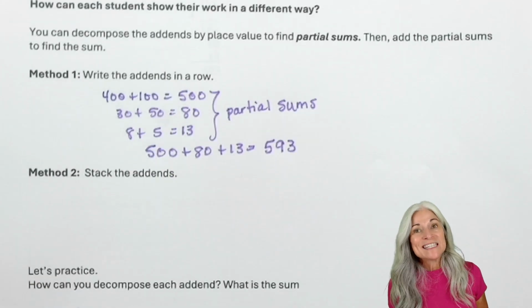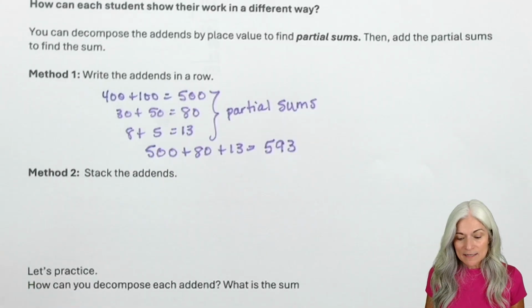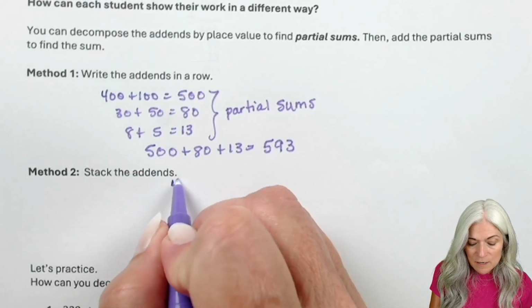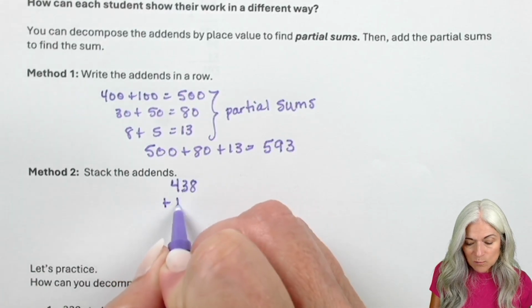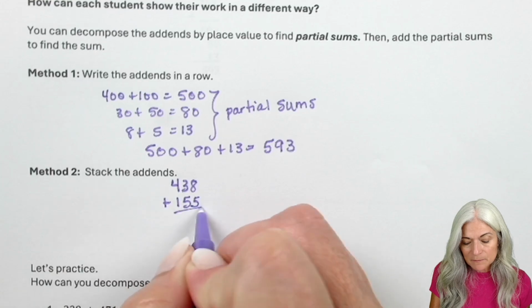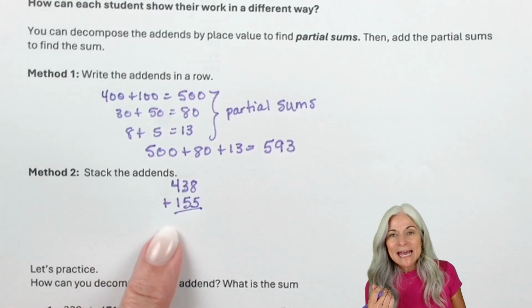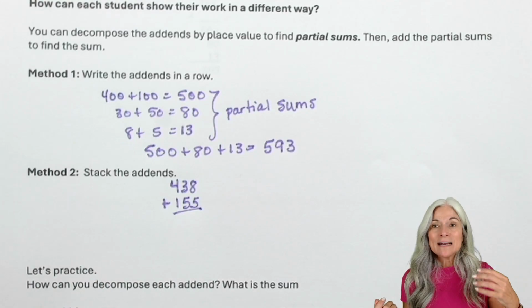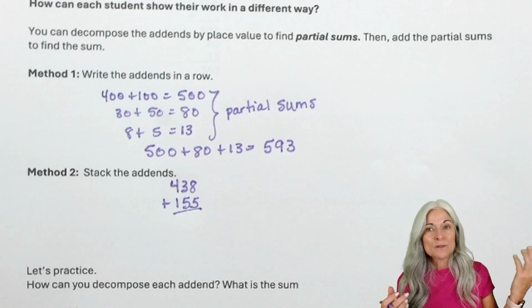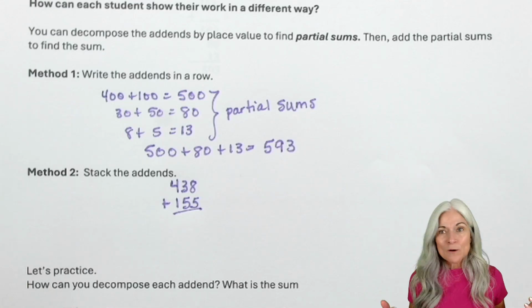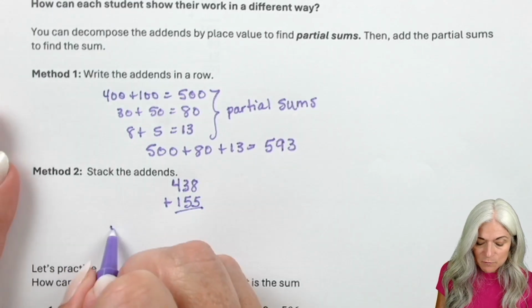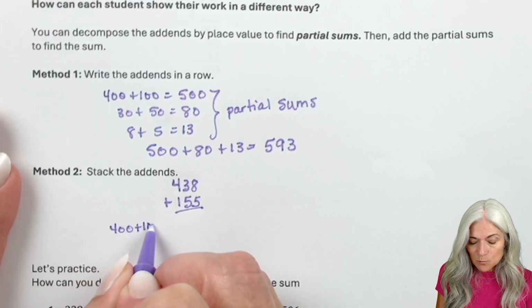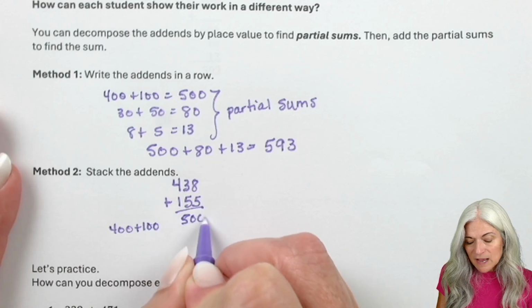Now we can also stack the add-ins. So we would have 438 plus 155. We start by adding the hundreds. We are starting on the left because it doesn't matter when we're finding partial sums. We could start with whichever place we want to. We have 400 plus 100, which gives us 500.